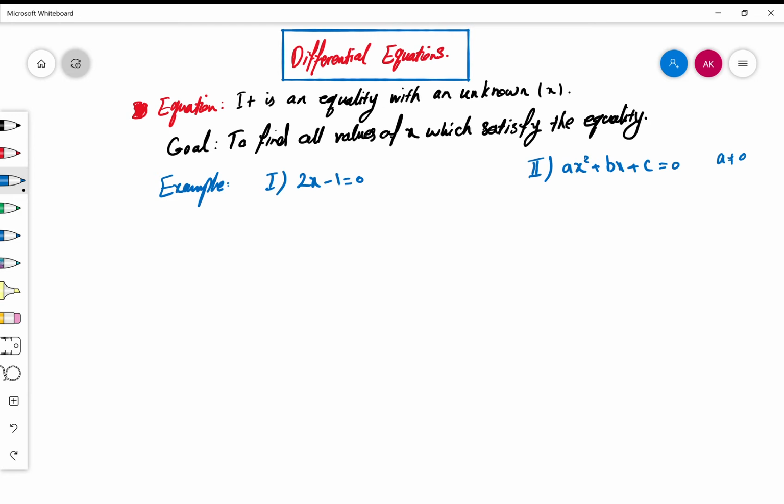In other words, you have a recipe or a formula which gives you all the possible values. So in the first case, we know that if we isolate x, we can solve and find all the solutions. In this case, there's only one value of x.